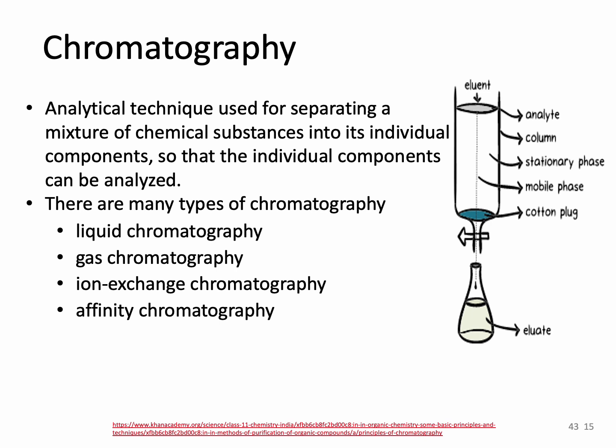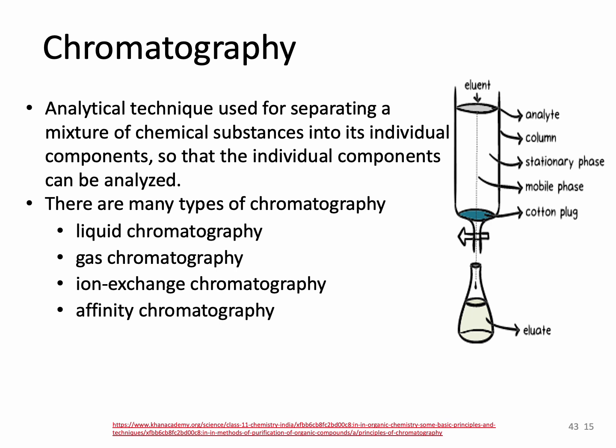We have liquid chromatography, gas chromatography, ion exchange chromatography, and affinity chromatography. But overall, the chromatography itself consists of what we see on the right side of the slide. So we see that we have a column. We have the element that we are going to add on the top of this column.